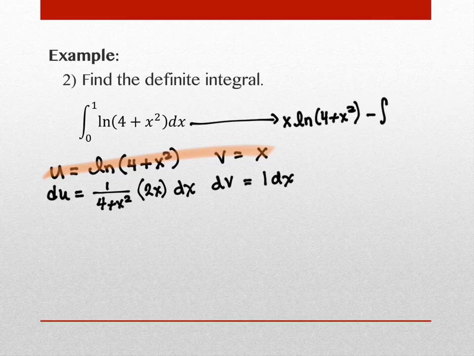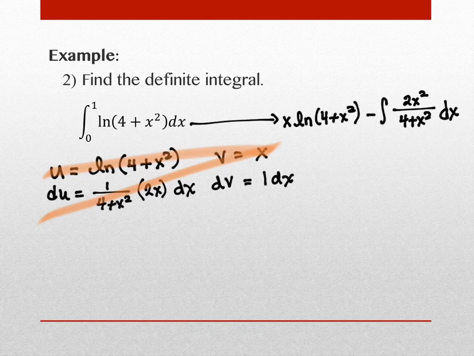So this other diagonal right here means I'm going to have a 2x squared on top, and I'm going to have a 4 plus x squared dx. Okay, so I multiplied the x in the place of v times the 2x, that's the inside part of the chain rule, and it's over that 4 plus x squared. So we see where all the pieces came from.